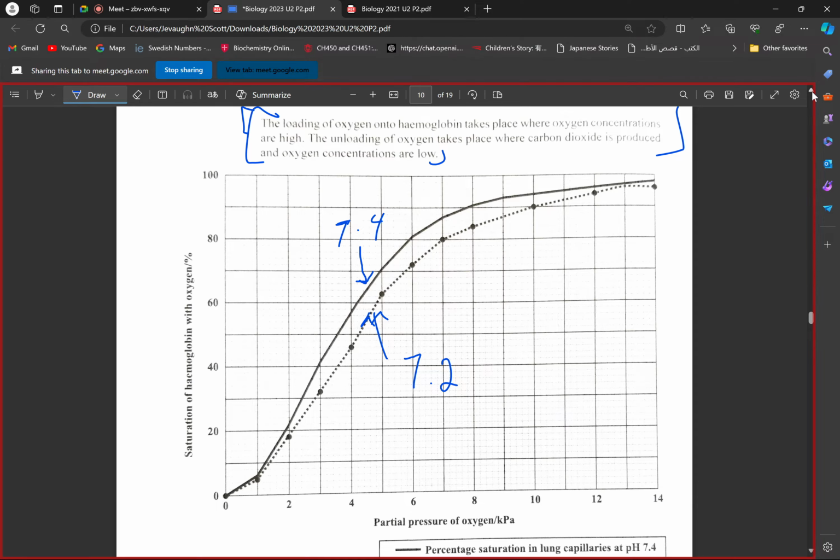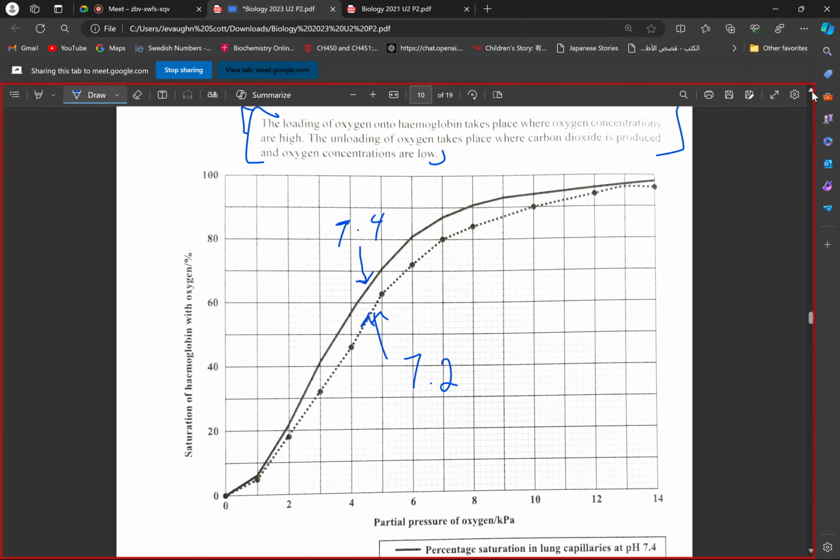For example, its affinity for oxygen is inversely related to the carbon dioxide concentration of the blood, and hence, if the carbon dioxide concentration increases, the affinity of hemoglobin for oxygen decreases. Similarly with the blood pH and temperature, and yeah, I think that's it.